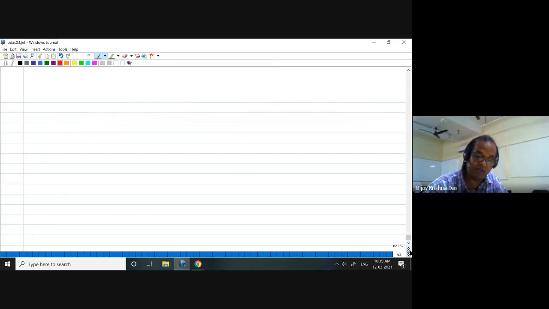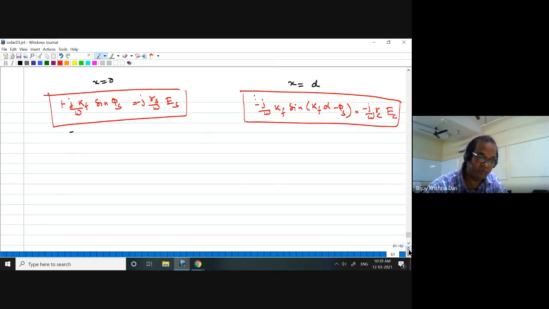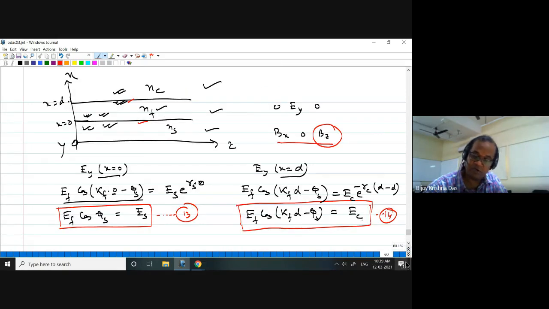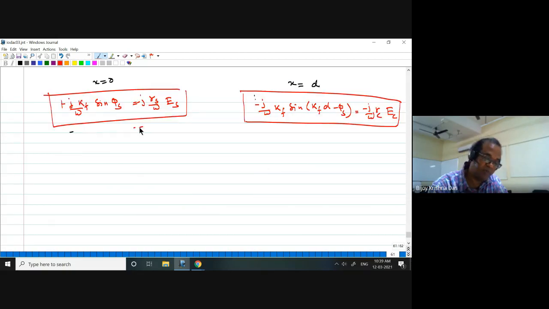So what we have given that equation number here, that is 13, 14. So we can write here, this can be 15 and this can be your 16. So I have, what are the unknowns? I think one thing here I missed. You know what is that?